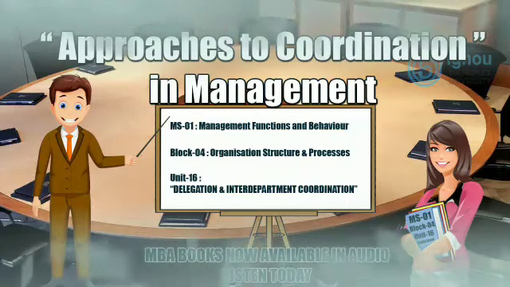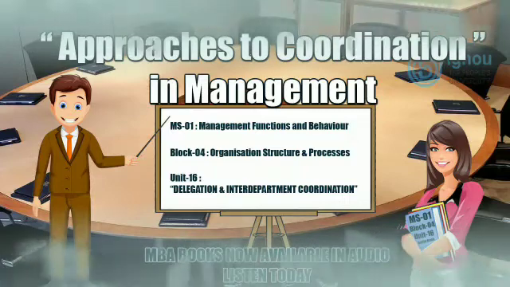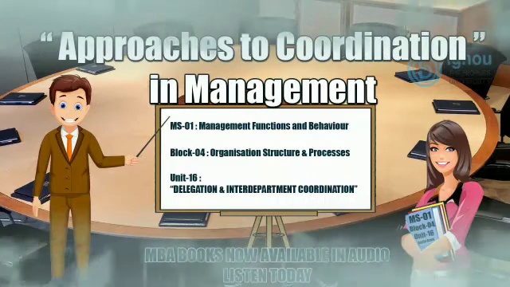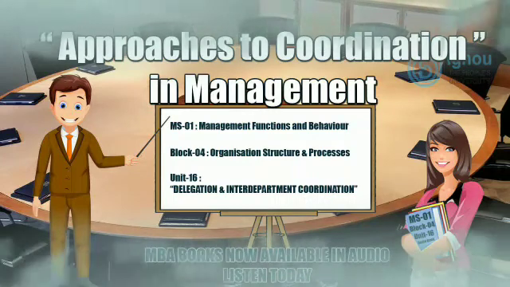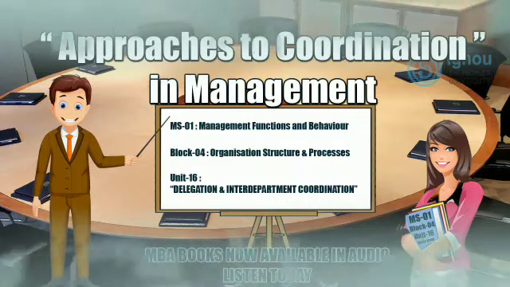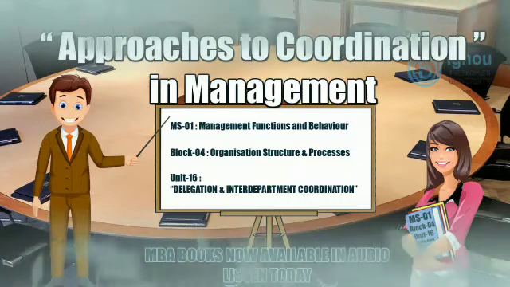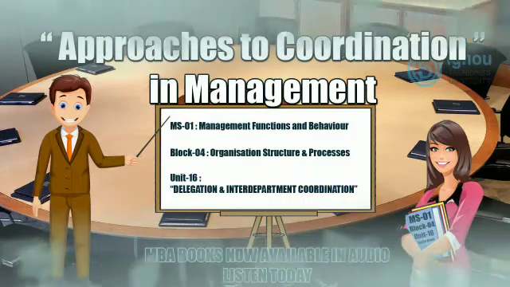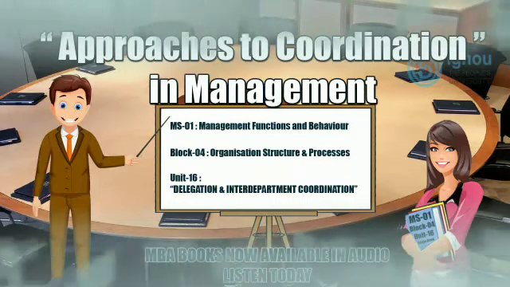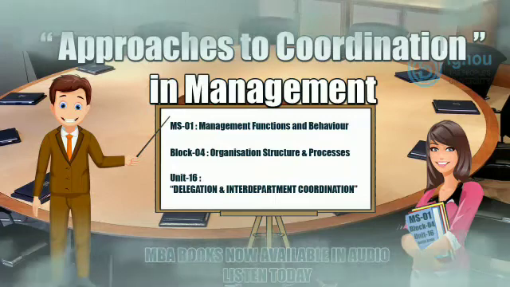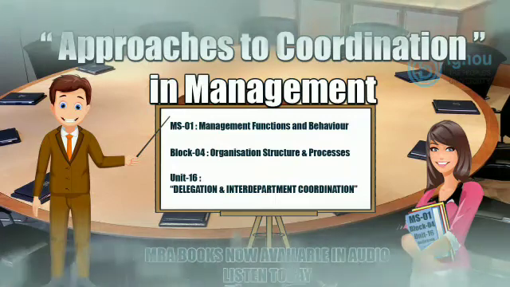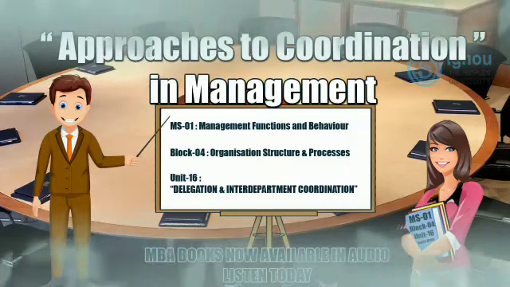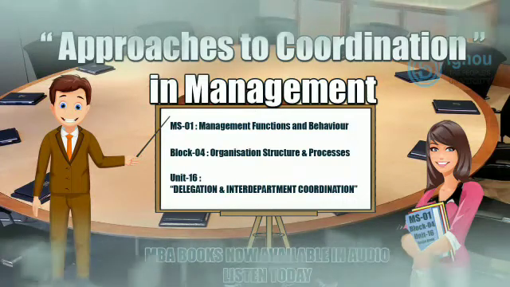Pooled interdependence is a situation where the activities of different departments or divisions are not directly dependent on each other. The advertising department is essentially independent from the shipping and receiving departments, yet they are interdependent in the sense that each is part of the same enterprise.